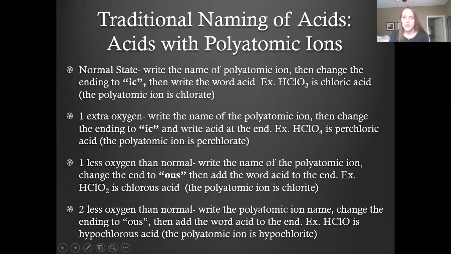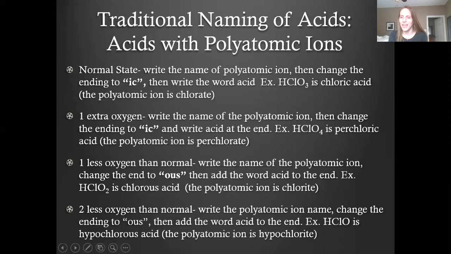So HClO3, again, we're not using the prefix hydro, so we actually don't use anything to show that there's an H at the front of this. We just assume that because it's an acid, there must be an H at the front. So we don't have anything to denote that H being there.